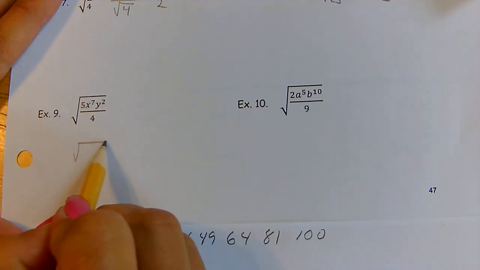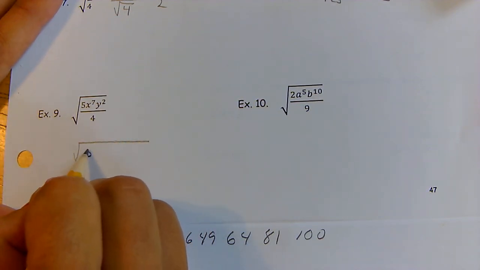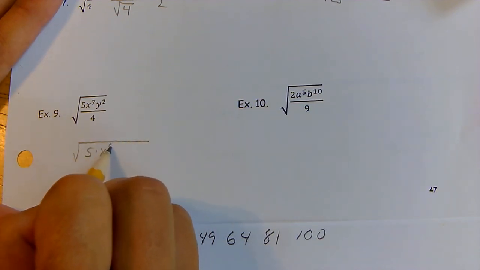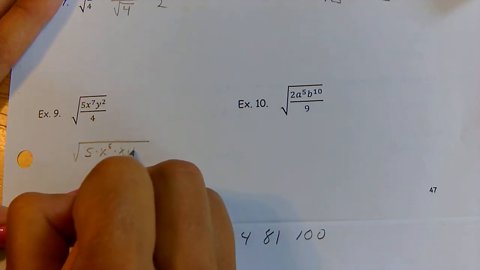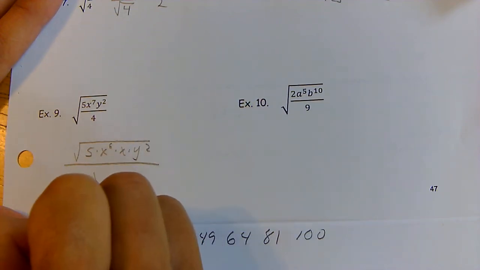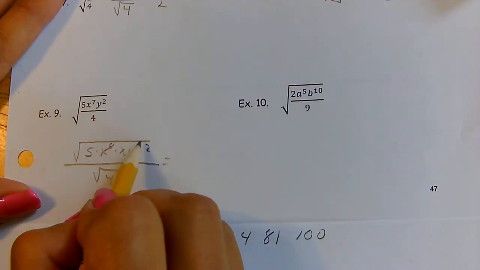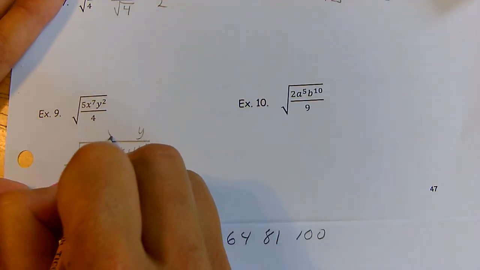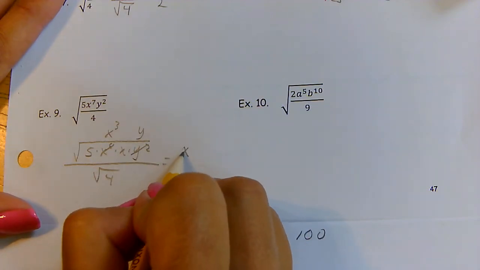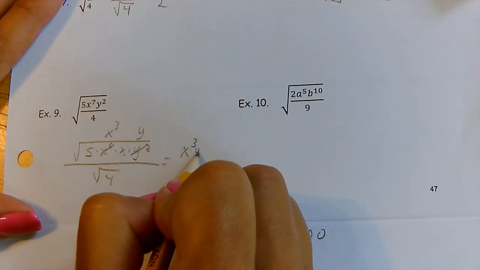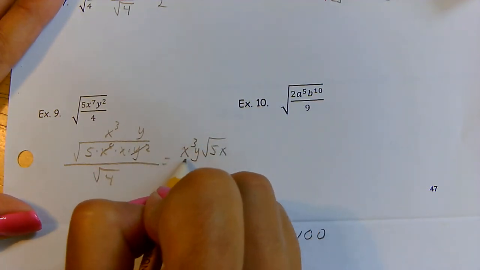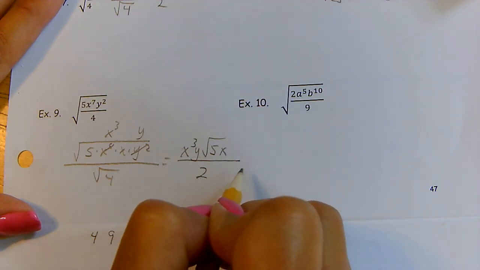Here, separate x to the 6, y to the 2, square root of 4. So the 5 stays. These get square rooted. X cubed y 5x over 2.